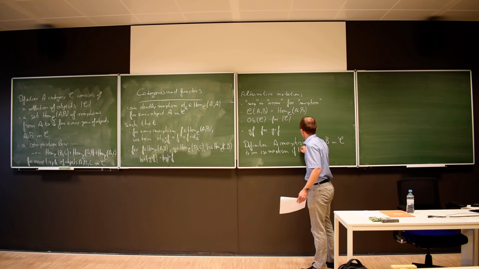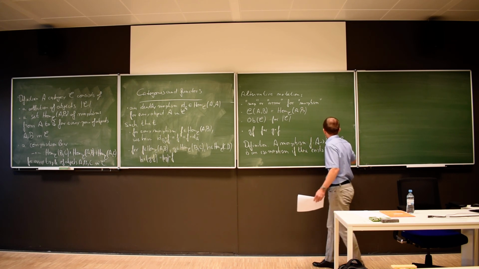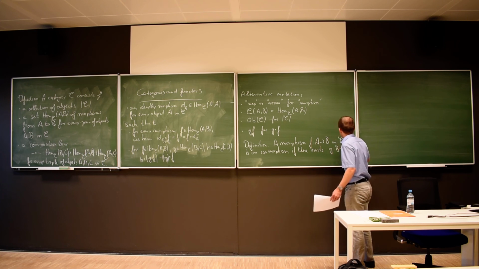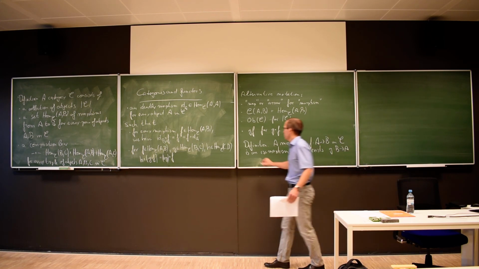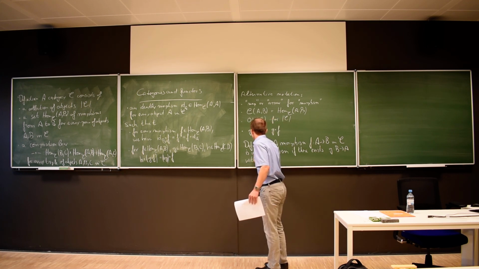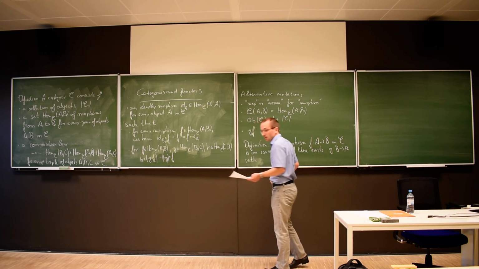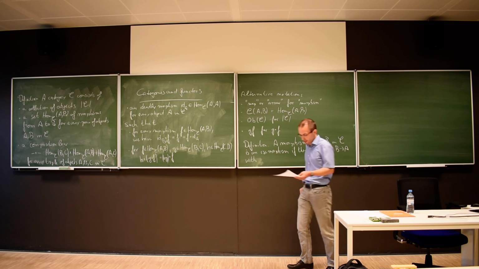That is, if there exists a morphism G from B to A in the other direction with the property that both composites equal the respective identities.